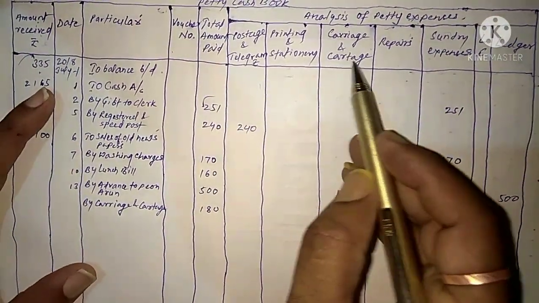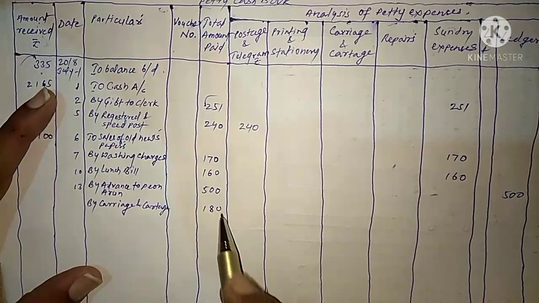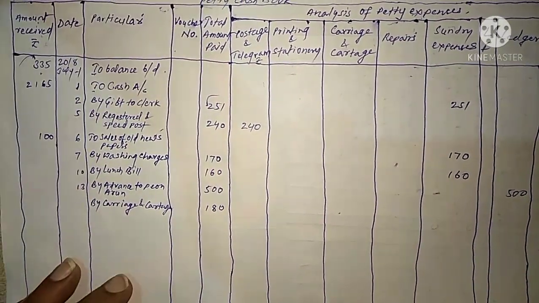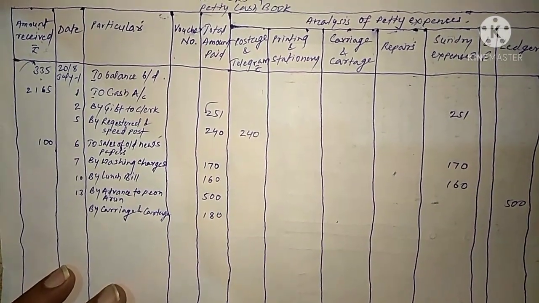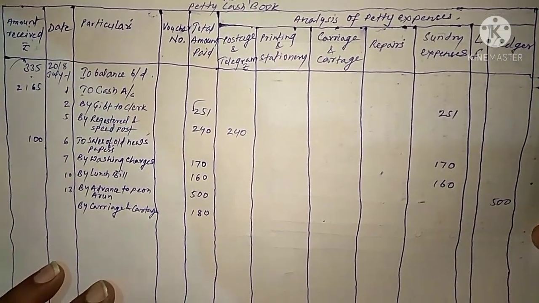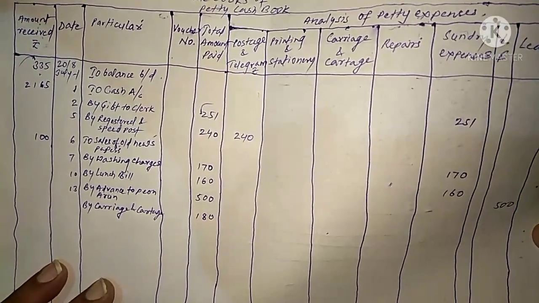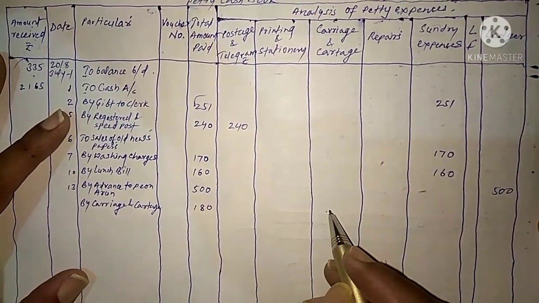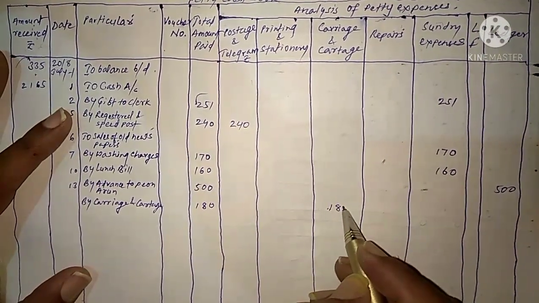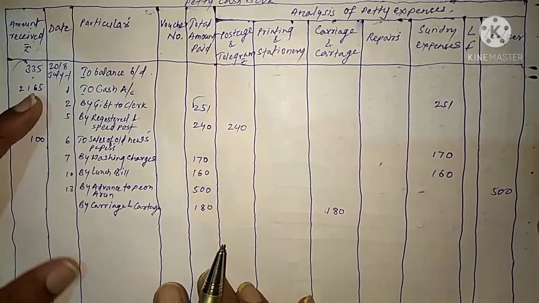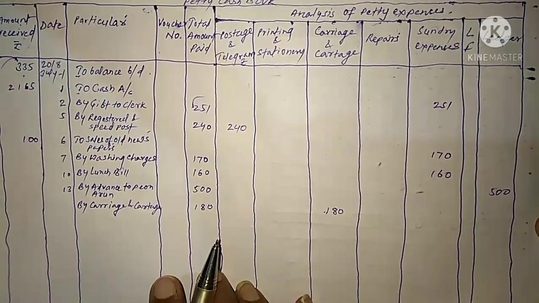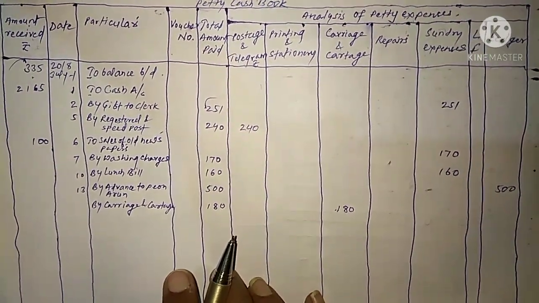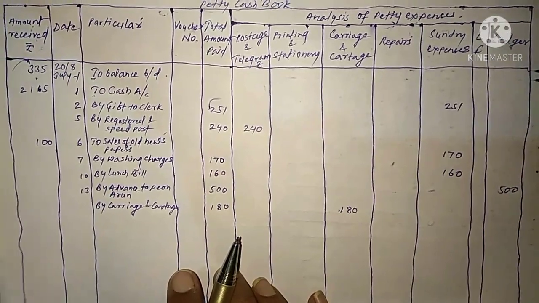Here carriage and cartage we have prepared, so this amount we have to shift to the carriage and cartage, that is 180. And then after that, purchase chair for office use.